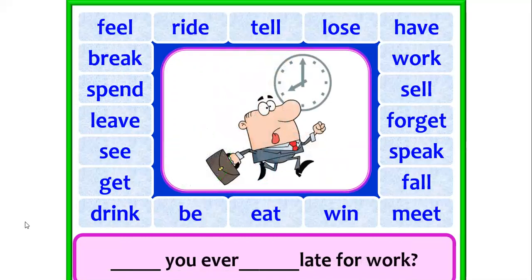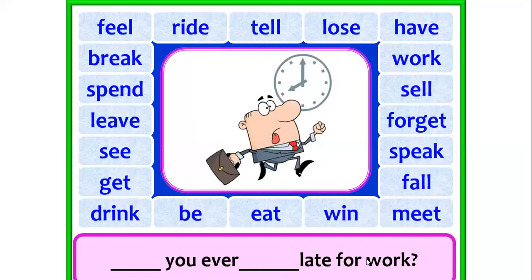Here we have a question. So we say, which verb do we start the question with? We start with have or has, depending on the subject. So when the subject is you, we're going to start the question with, excellent, have. Have you ever late for work?